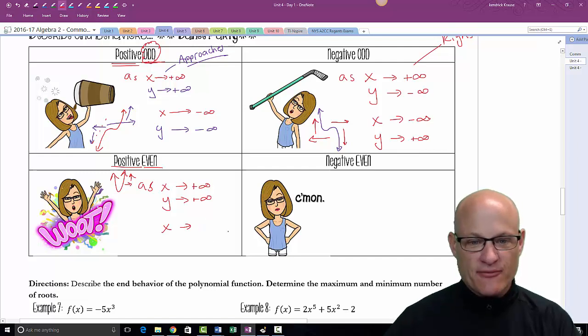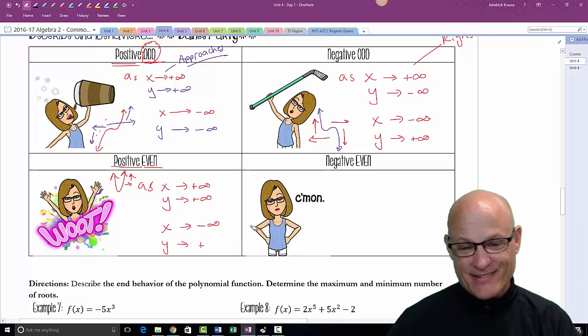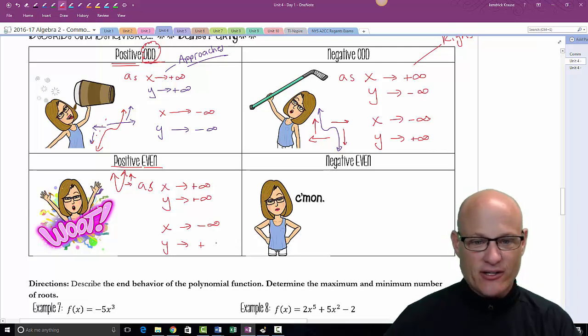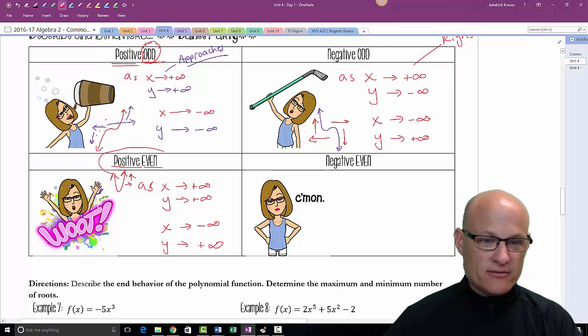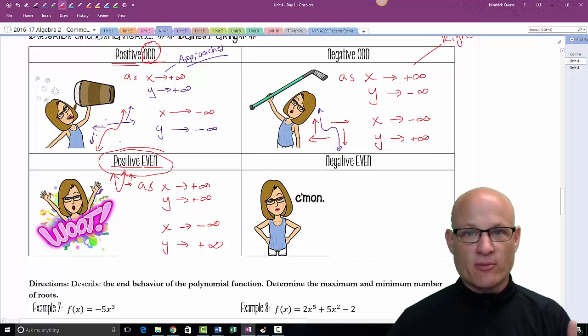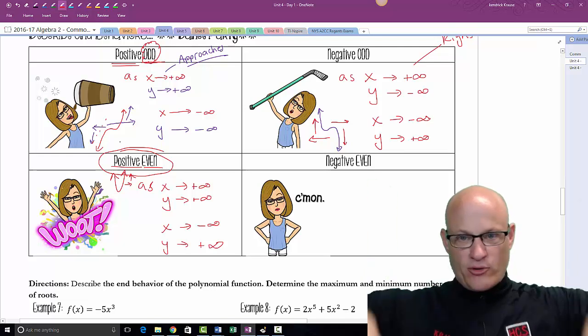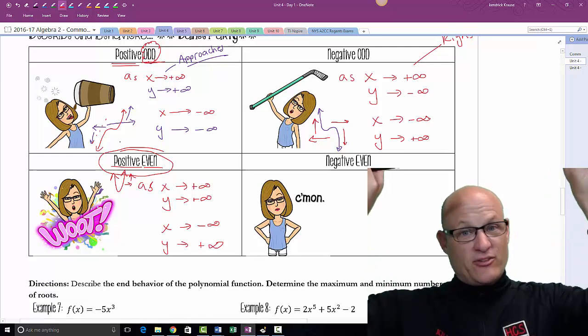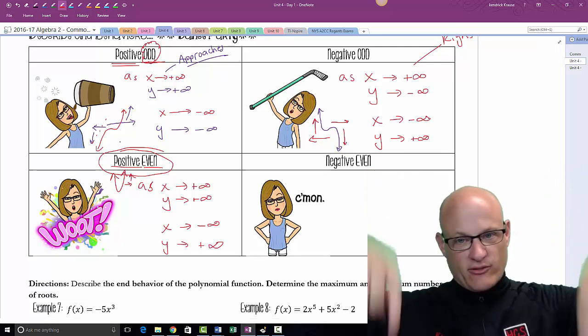As x goes to the left, negative infinity, y is approaching positive infinity. Actually, the positive is not necessary. The negative is definitely necessary because you need to understand. Because it's even, whenever it's an even function, they're either both going to go up or they're both going to go down. If it's positive, they're both going up. If it's negative, the y's are both going down.